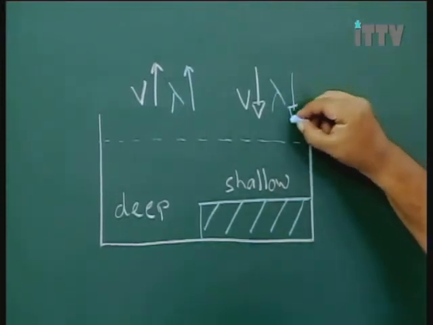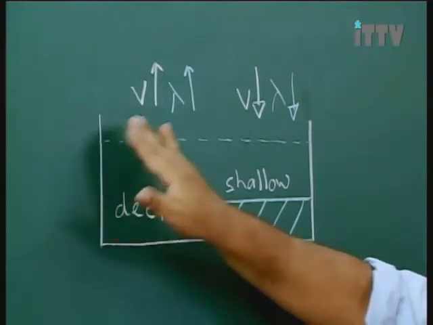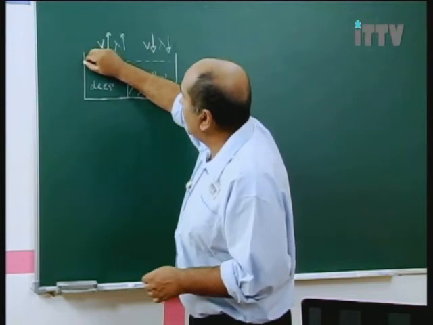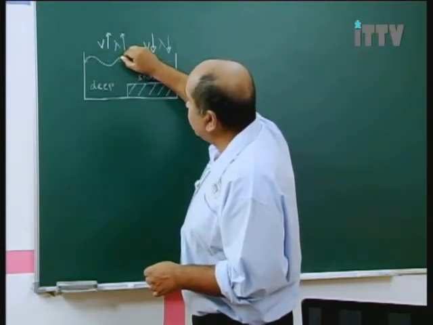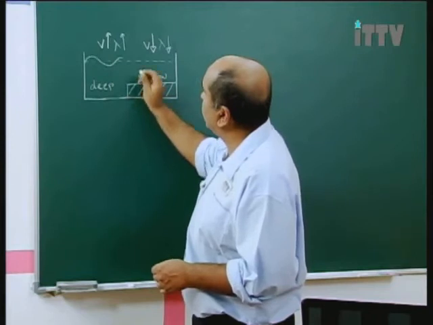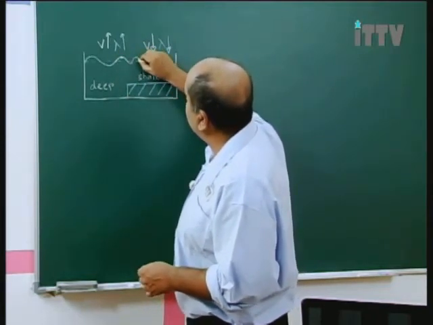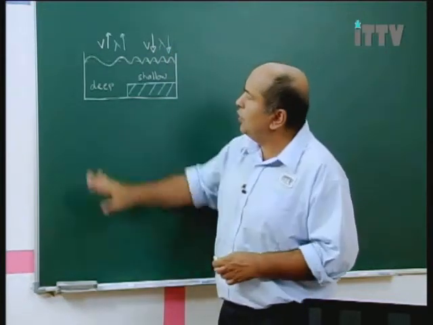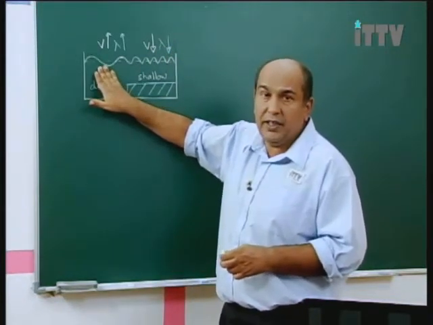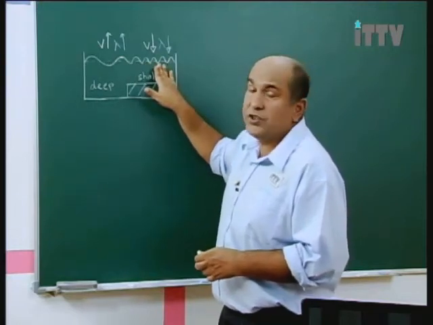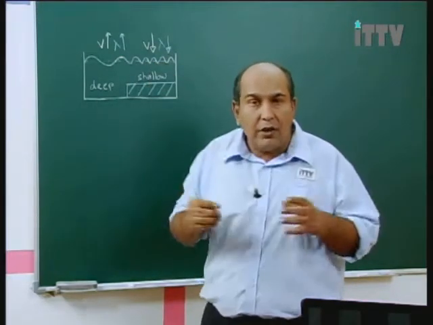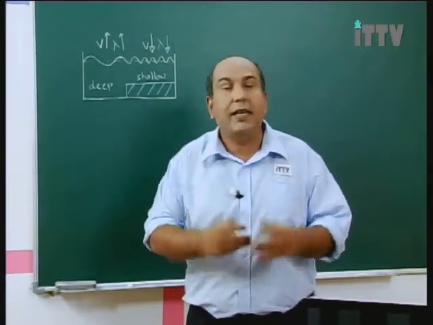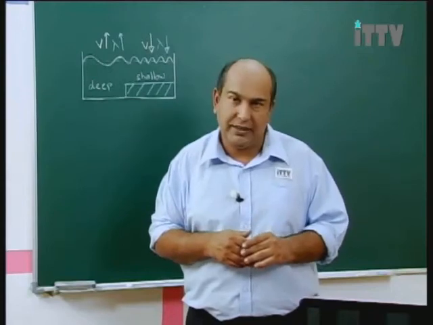Now, if we were to draw this up here, what we would get are wavelengths that were long in the deep region, and as the wave moved into the shallow region, our wavelength becomes shorter. So we have long wavelengths over here and short wavelengths over here. Because the wavelength is becoming shorter, we can basically then say that the velocity is also decreasing.